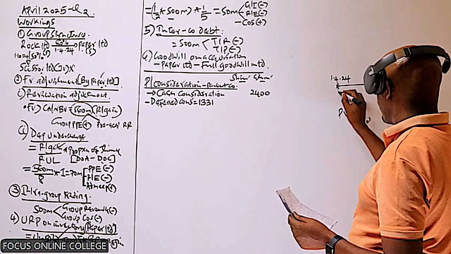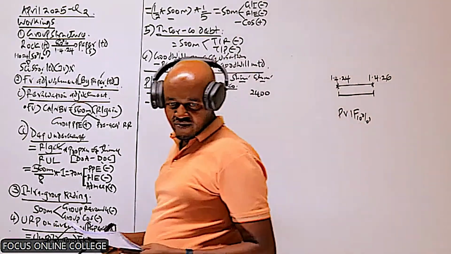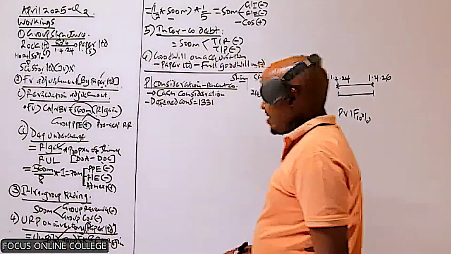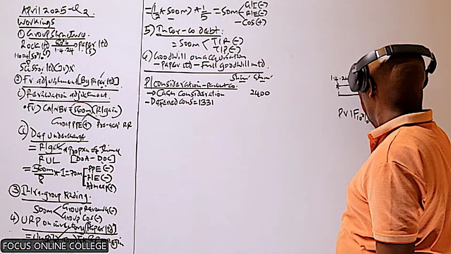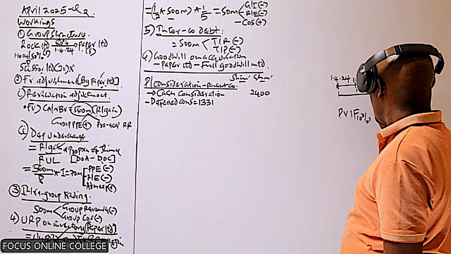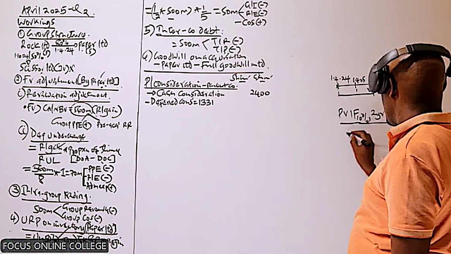How many years do we have here? Yes, we have 2. The first year ends on 1st April 2025, that is 1, 2. So for 2 years.